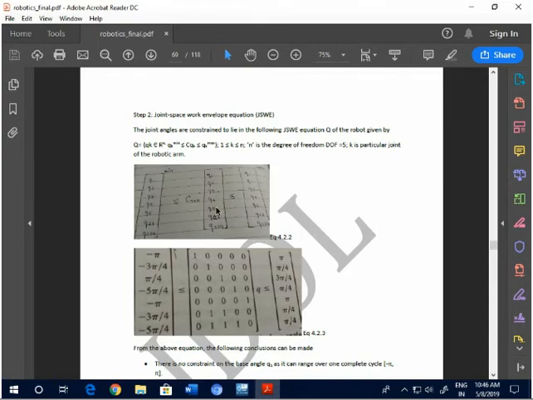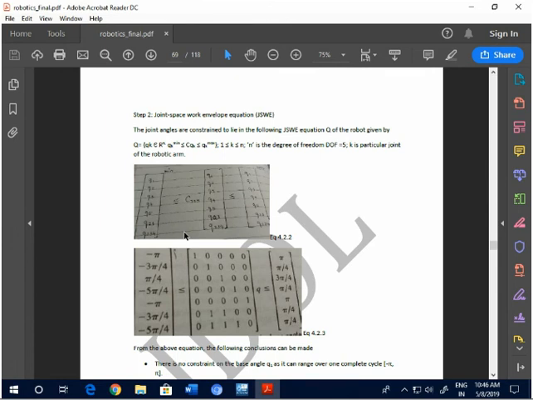What is this Q2,3? Q2,3 is equal to 0 when the forearm is horizontal. Why?